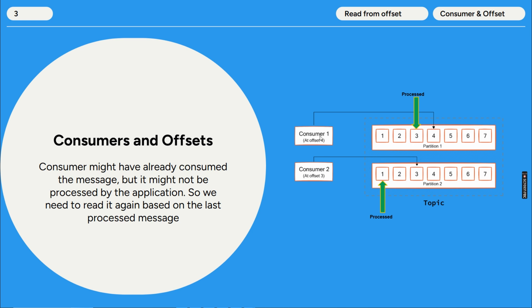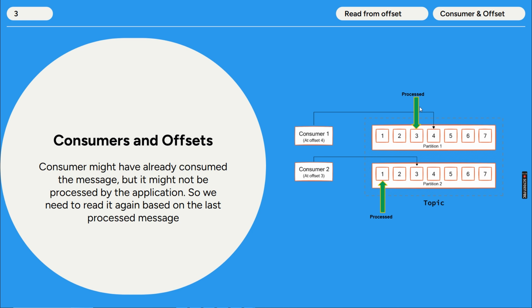At this point the consumer failed, meaning the program crashed. From Kafka's point of view, the last read message is 4, but from the application's point of view, it is 3, right? So when you restart the consumer, you need to read again from 3 onwards. Otherwise, message 4 will be lost, because it was not processed.